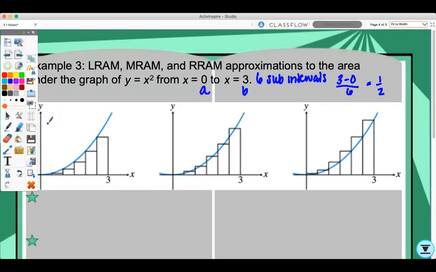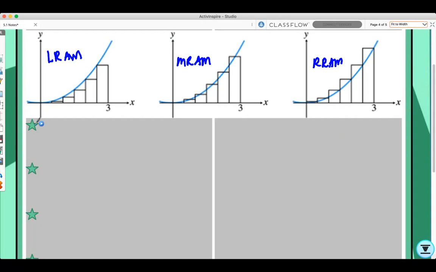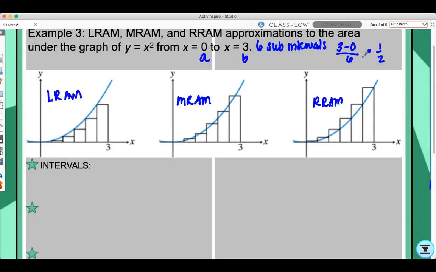This here is our left rectangular approximation method. This is our midpoint rectangular approximation method, and our right rectangular approximation method. This is an under approximation. This will be over, and our midpoint will be somewhere in the middle. To go about doing this, we first need to find our intervals. Since each rectangle is going to have a width of 1/2, that's how we do our intervals.